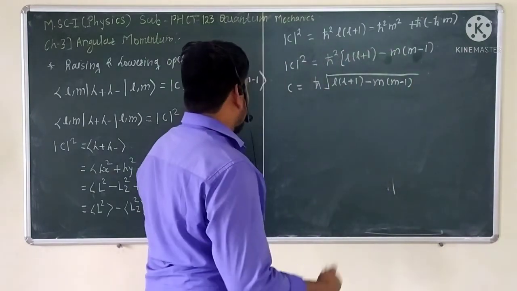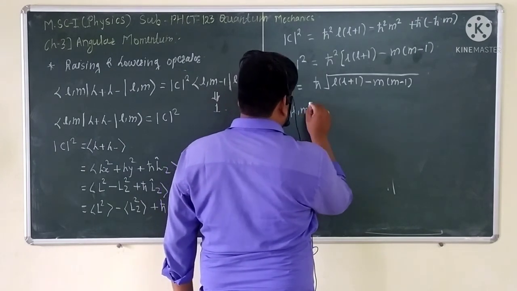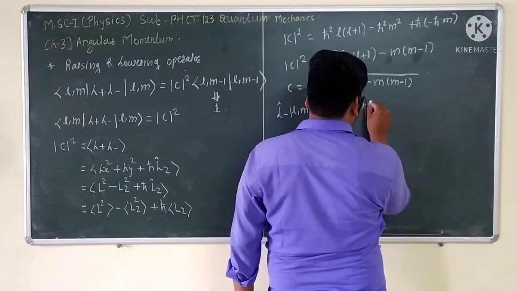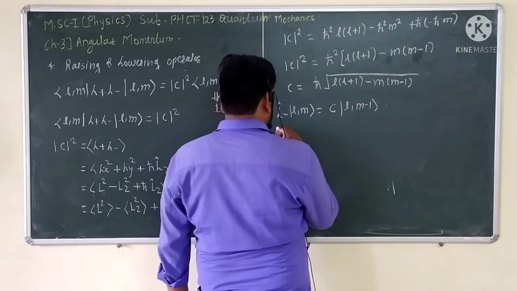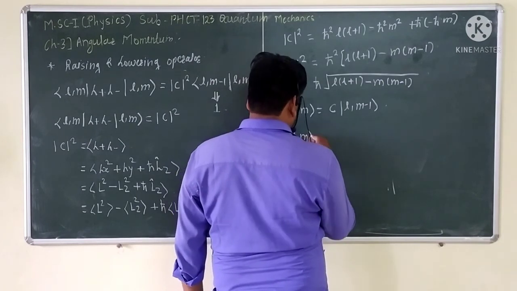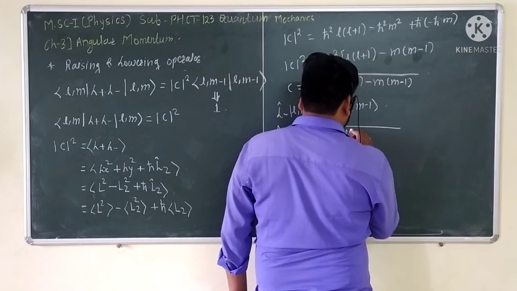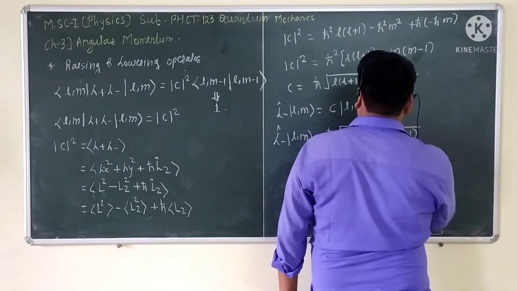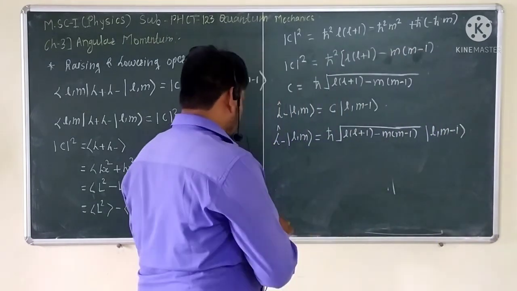You know that we have to calculate the operator L minus on L comma m, which is nothing but C times L comma m minus 1. So for the lowering operator, putting the value here, L cap minus on the ket of L comma m is h cross times the square root of L into L plus 1 minus m into m minus 1, times the ket of L comma m minus 1. This is our second result.